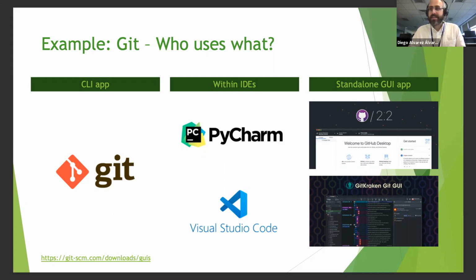And finally, is there someone who exclusively uses Git with a graphical user interface and no other way? Okay, a couple of people. Good. So we have the three options, but the majority use Git in the command line for some things, and use Git within the GUI for other tasks. So this is an example of what I said before.